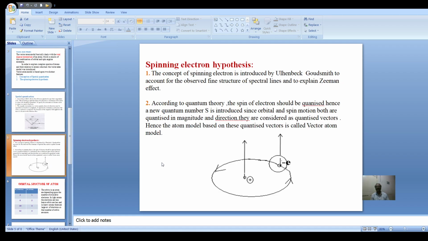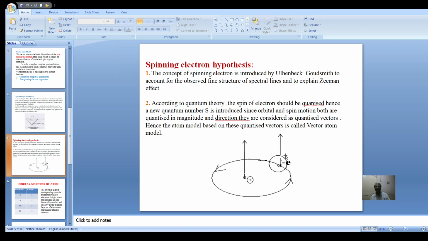Next, another feature of vector atom model, that is spinning electron hypothesis. In this figure, we see that the electron is performing the orbital motion about the positively charged nucleus. This is the axis of rotation about which the electron is revolving. But when the electron revolves around the nucleus, at the same time, it also moves about its own axis.